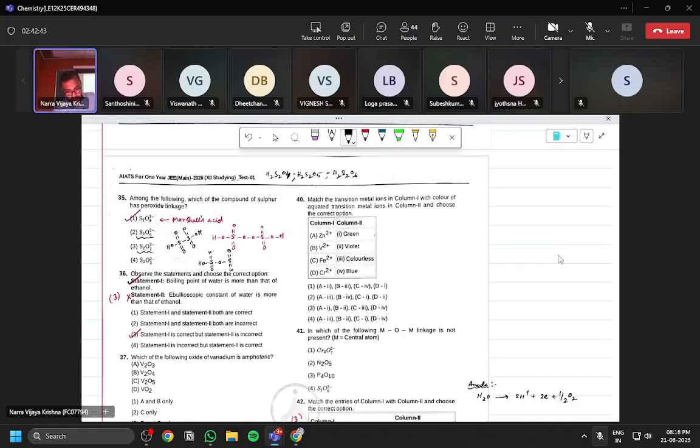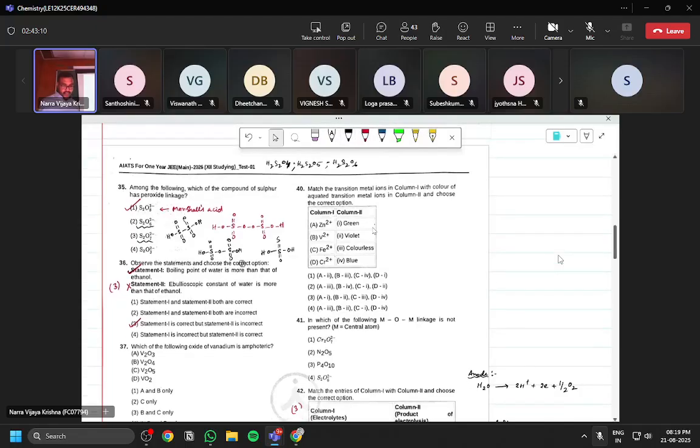Place one more oxygen in between. Now H2S2O3. S double bond S, double bond O, OH, OH. H2S2O3, thiosulfuric acid. If it is Na2S2O3, then it is called hypo. For developing black and white photographic films, use hypo solution.